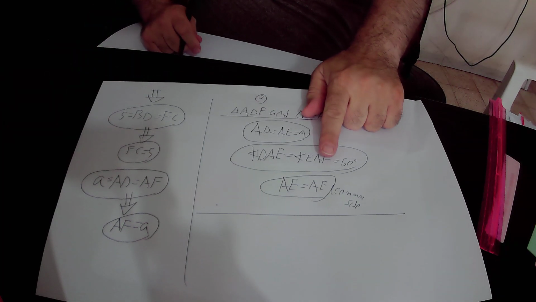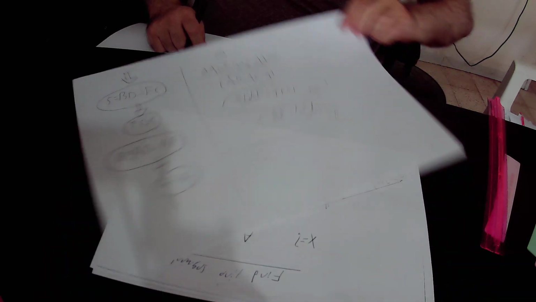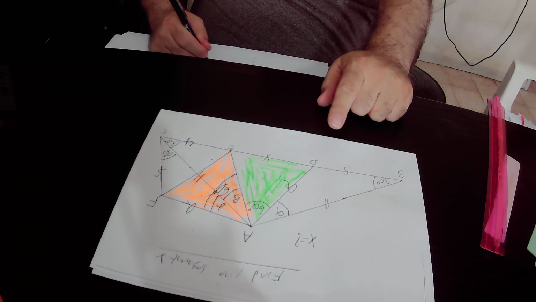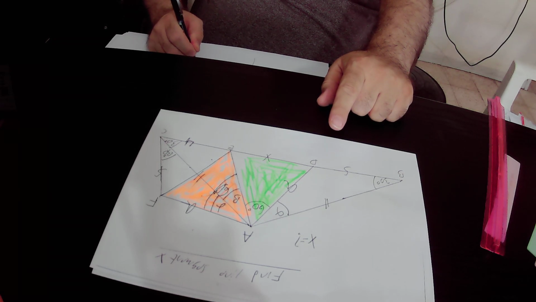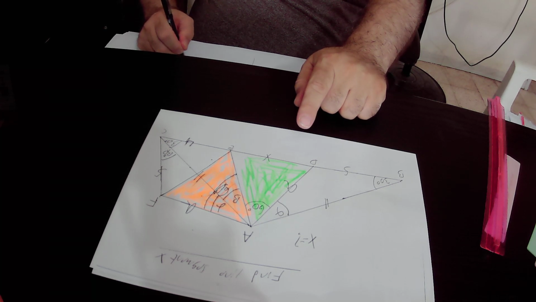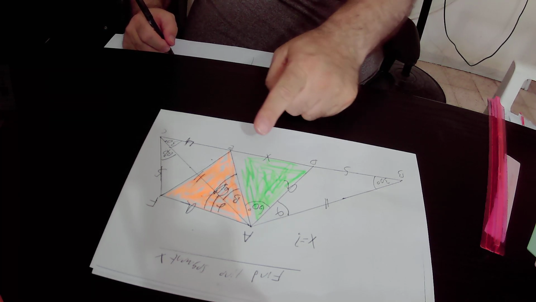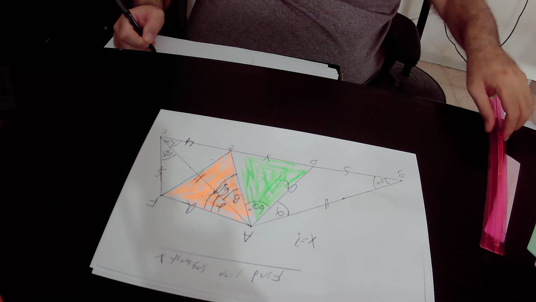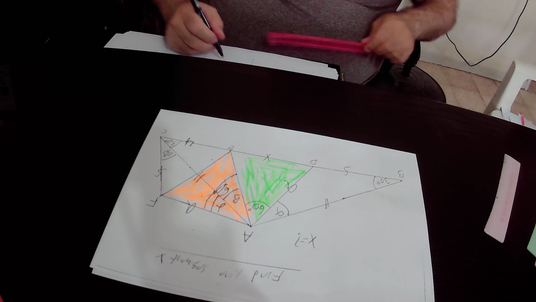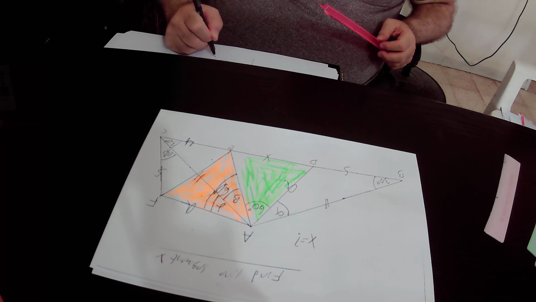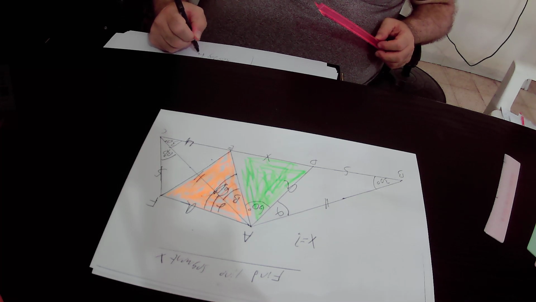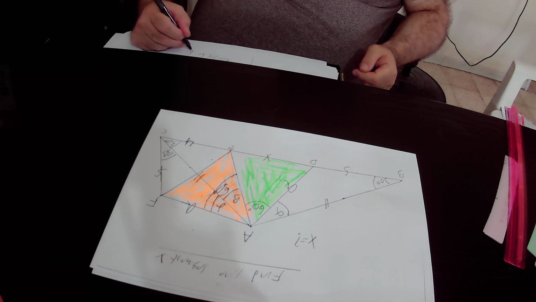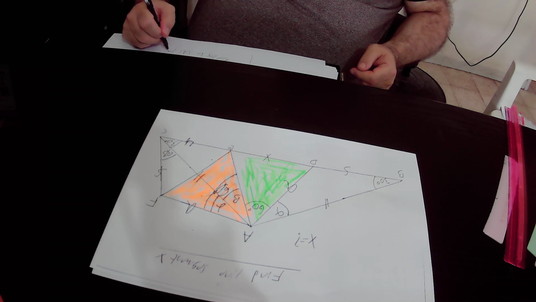I'll repeat again, side AE equals side AE, it is a common side. So we actually proved that the green triangle ADE is congruent to the orange triangle AEF according to the side angle side rule.